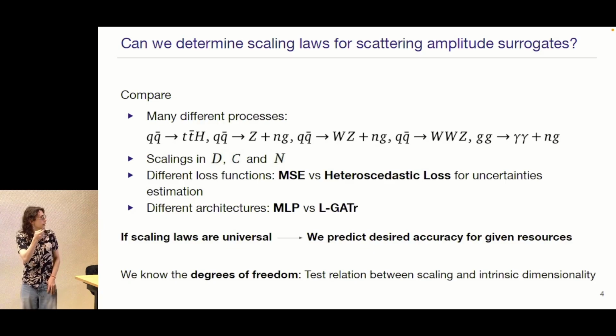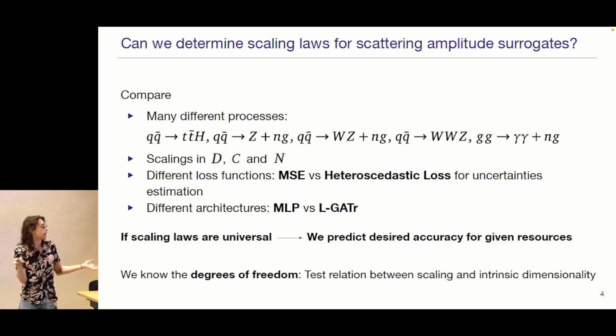We'll try different losses, and in particular, which is interesting for this conference, the heteroscedastic loss, which I don't think we heard by name, but we've seen it two talks ago. It's a loss that allows you to get systematic uncertainties. And of course also different architectures, as in the first plot I showed.